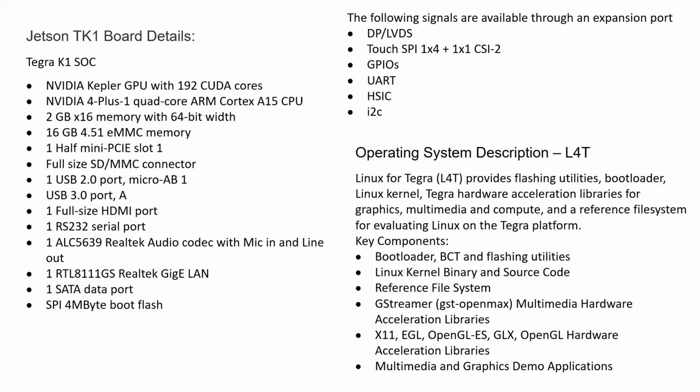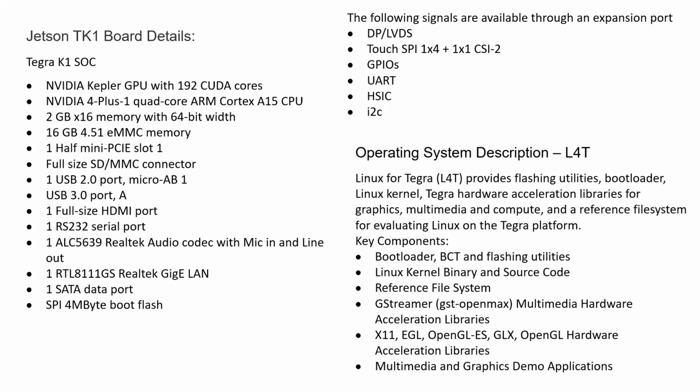General purpose input output, UARTs are there. I2S is also there, it is inter IC sound. So different types of interfaces are made available for connection of external boards to the single board system.